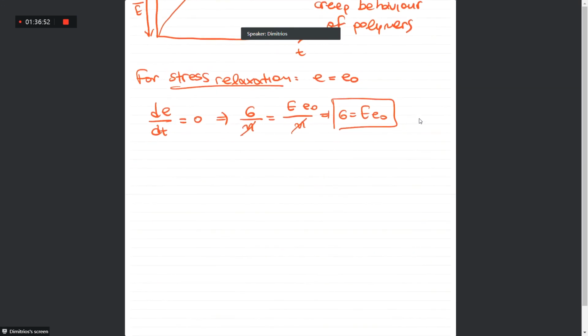If we plot that, we can see stress relaxation. We keep the strain constant and we measure the stress over time. So if we plot that, it looks like that, where this part here is equal to E times epsilon 0.